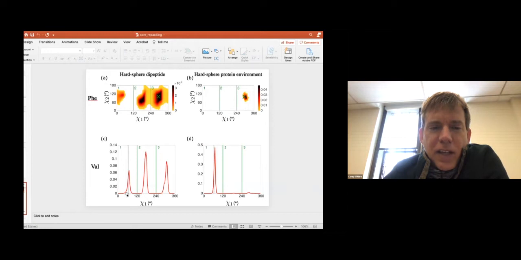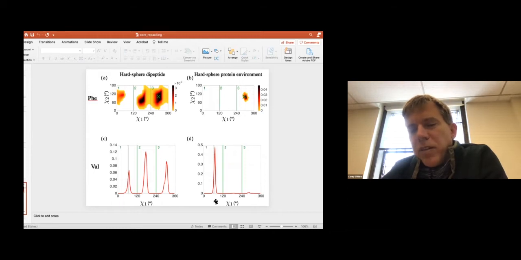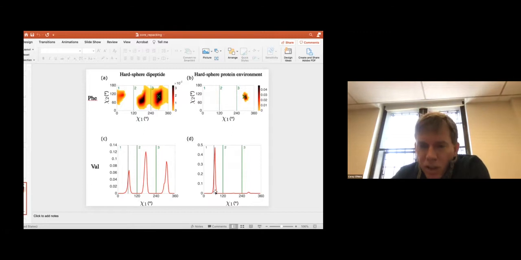Again, in valine, the dipeptide result gives 3 rotamers at 60 degrees, 180 degrees, and 300 degrees. Whereas when you put a valine in its protein environment, a single rotamer at 60 degrees is selected, and the vertical dotted line is the experimentally determined value.